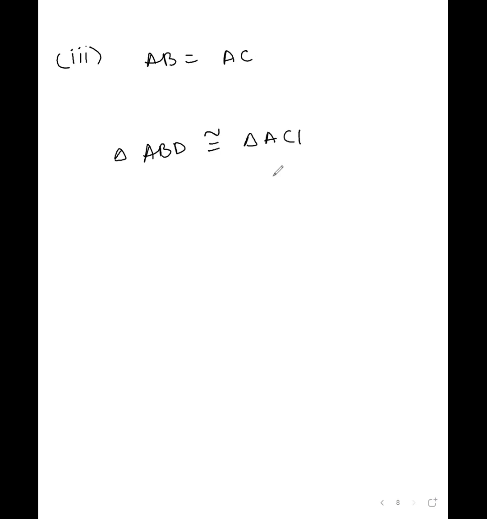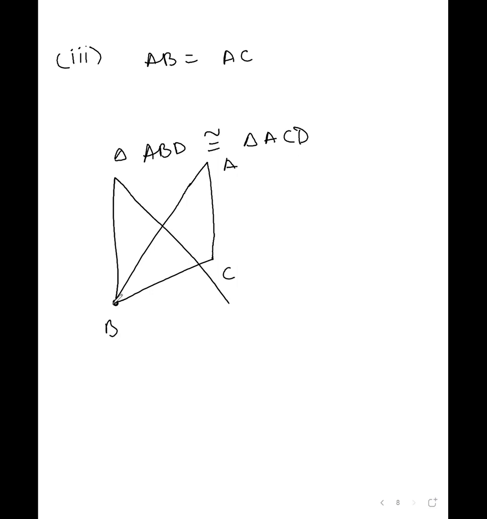Once again, I will tell you why we don't write ADC. Because when you have triangle ABD, which looks like this, and you try to superimpose triangle ADC on it, this is B, this is A, this is C. Your D will come over here, your A is like this, and your C is like this. It's not superimposing.